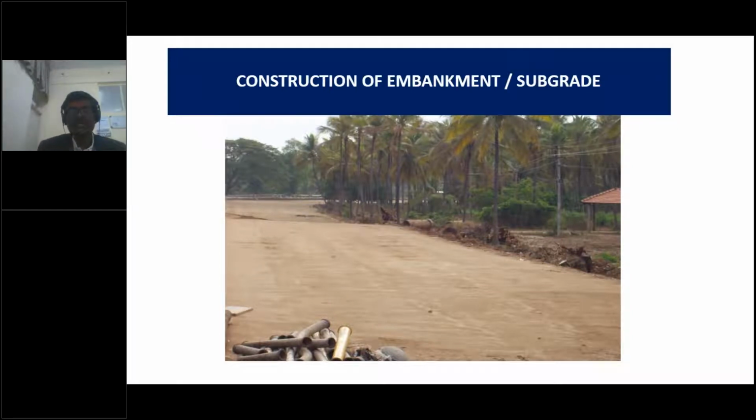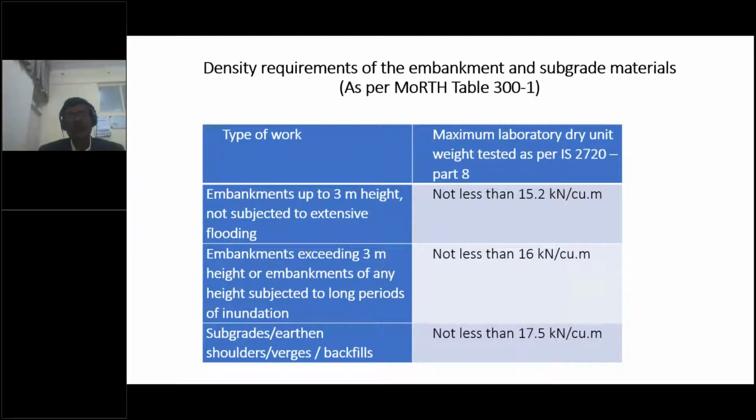Now let us take the bottom layer, embankment or subgrade, a typical subgrade layer. How does the compacted subgrade layer look? And if you look at the MoRTH specification, these are the requirements. For the embankment, the laboratory density requirement, the minimum requirement, is 17.5 kilonewton per cubic meter.